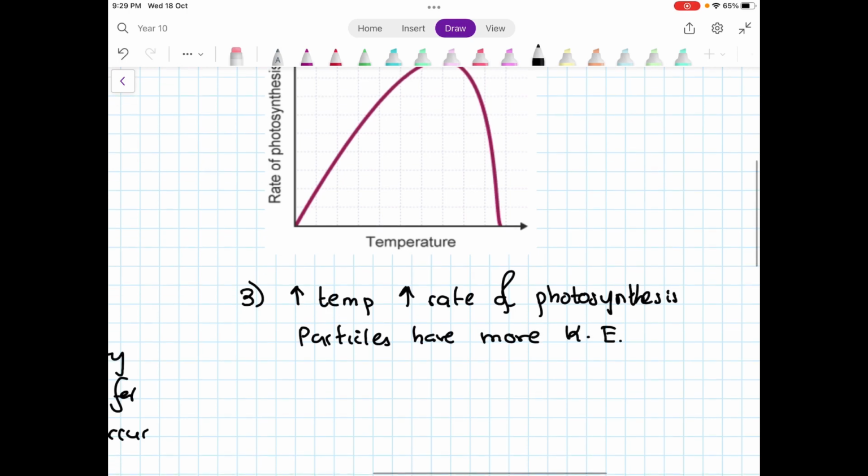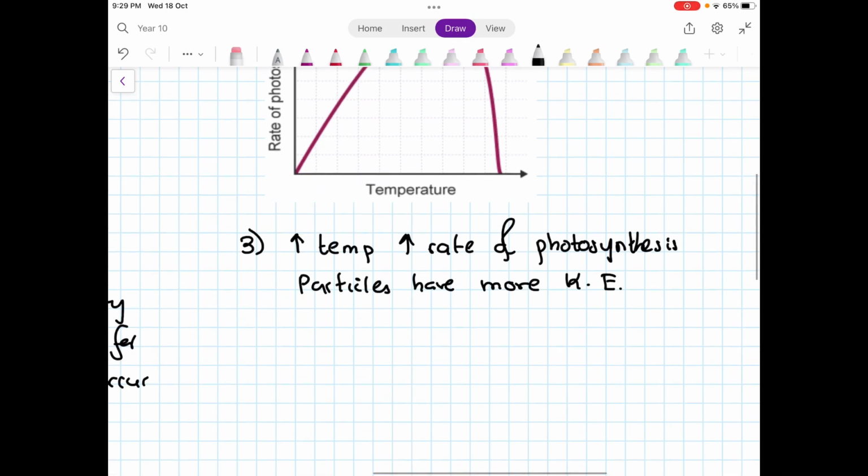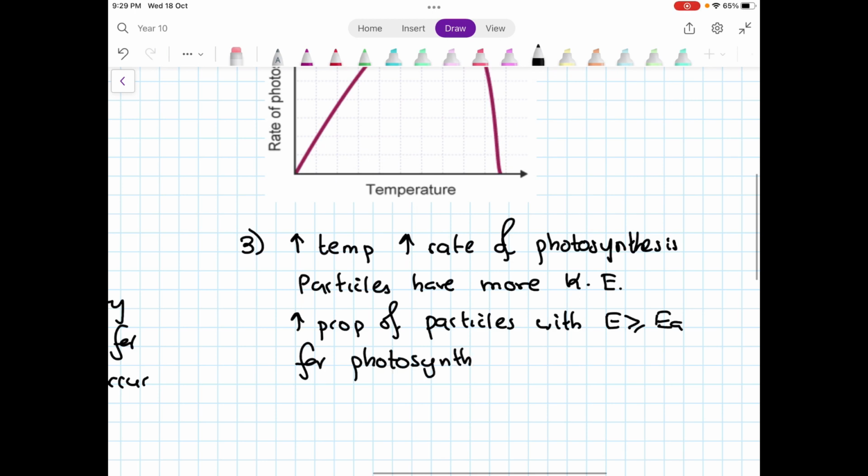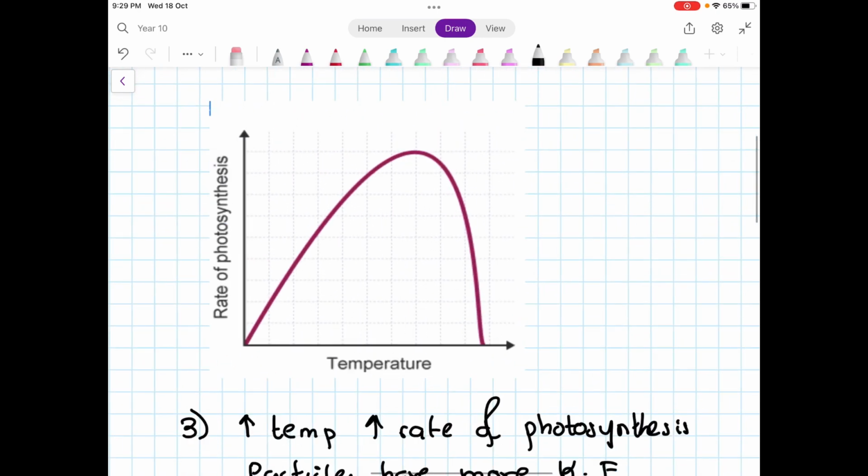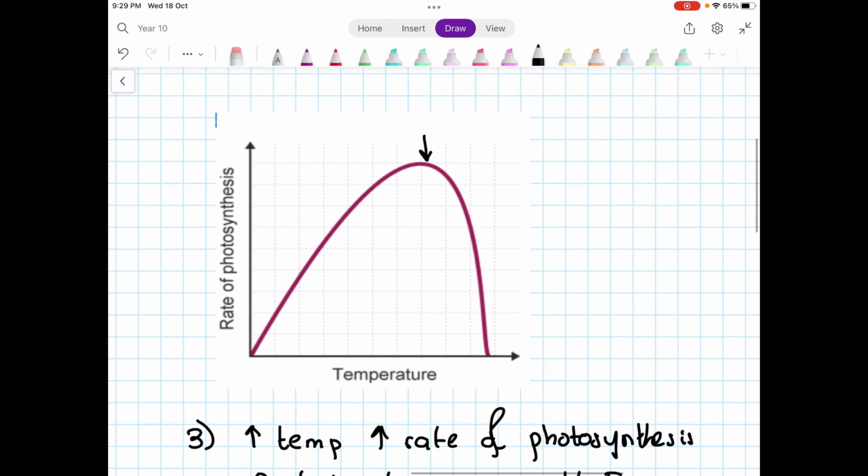which means kinetic energy. So a greater proportion of particles have energy which is greater than or equal to the activation energy, which is required for photosynthesis to occur. And at this point over here, enzymes involved in photosynthesis are at optimum temperature.